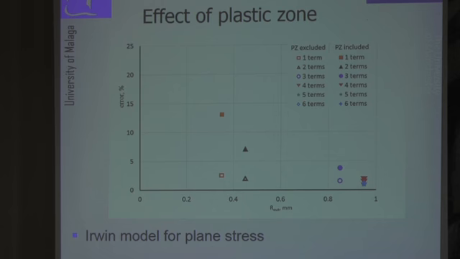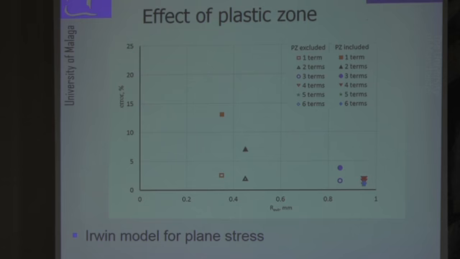So it's ideal for measuring the stress intensity factor, because we don't need to come up with a methodology for getting rid of the plasticity; the measuring tool itself only measures the elastic part. We can see that if we get rid of the plastic zone, which is these solid symbols, the predictions are worse.